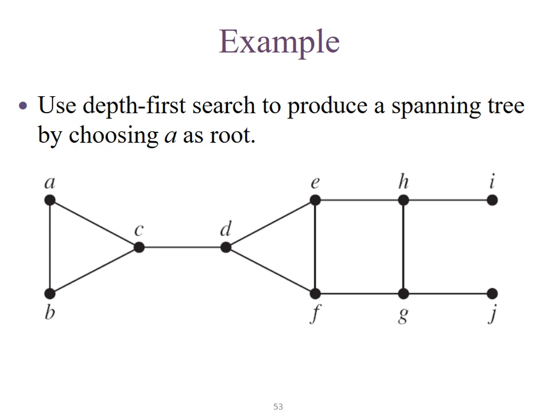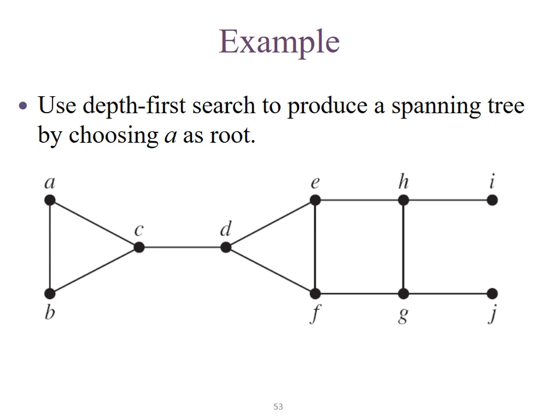Then we need to go back from I to H, right? In this case, in his answer, there is no other vertex attached to H.